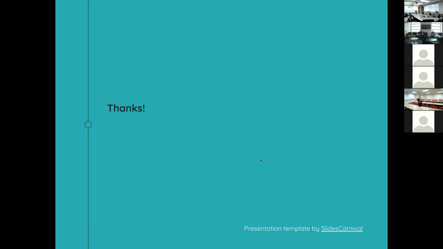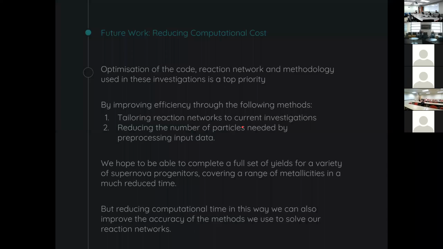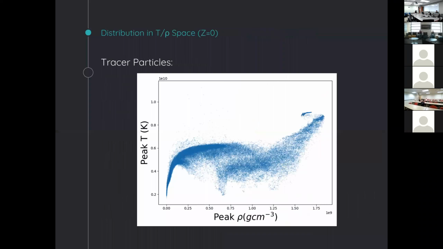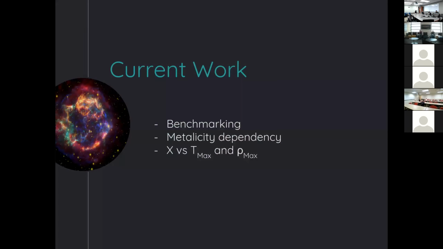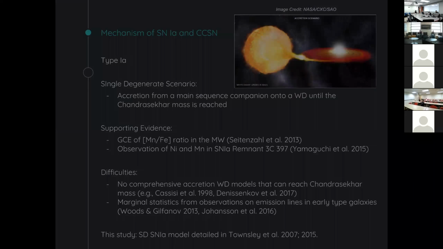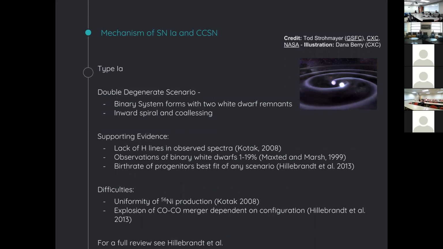So I believe that the current state of thinking for most of the community is that there has to be a contribution from both single degenerate and double degenerate models, because, well, you can see, right, the two excluding factors that say, oh, this one can be and this one can't, these are quite strong constraints that we have, that we've got no accretion models that support white dwarf single degenerate ones, and that we have this uniformity of nickel 56 that we've observed.